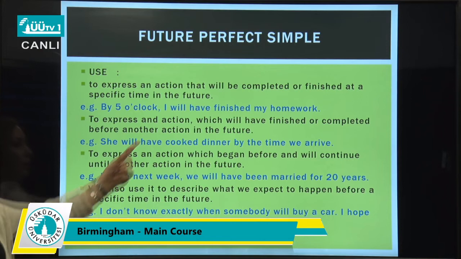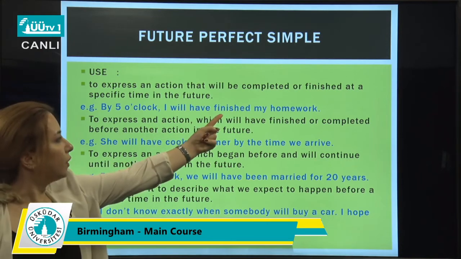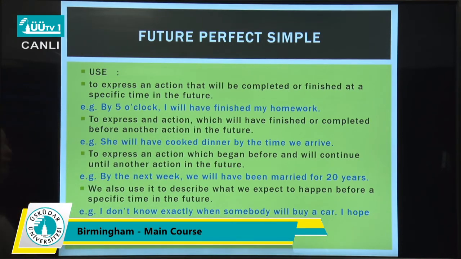Will have verb 3. So it is talking about the action that will be completed or finished at a specific time in the future. By 5 o'clock, I will have finished my homework. What about another one, another hint that we use future perfect for?